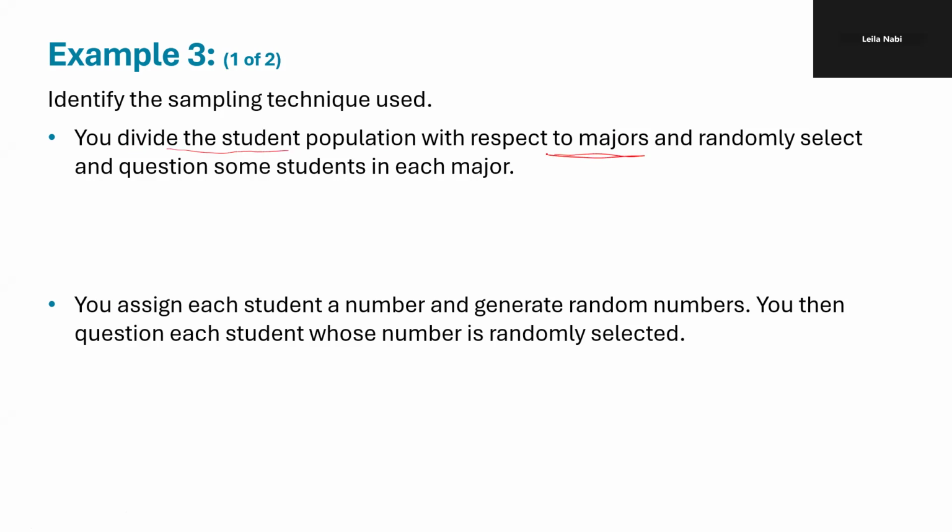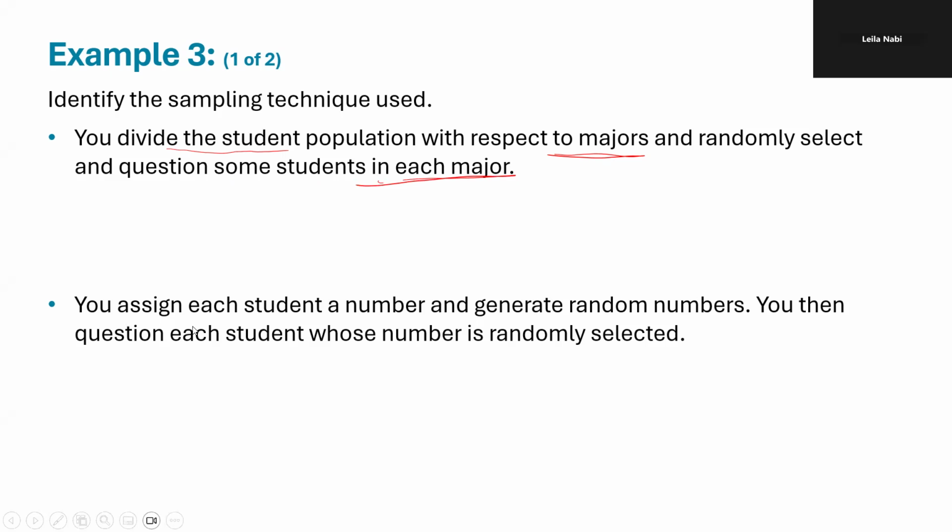When we divide the population into groups, it's one of stratified or cluster. But if it's with respect to the majors, that means we want groups based on the same characteristic, which is called stratified. In stratified, we question some out of each group.